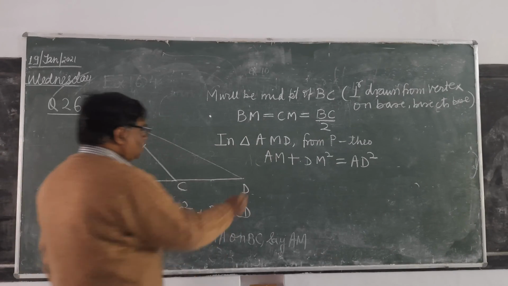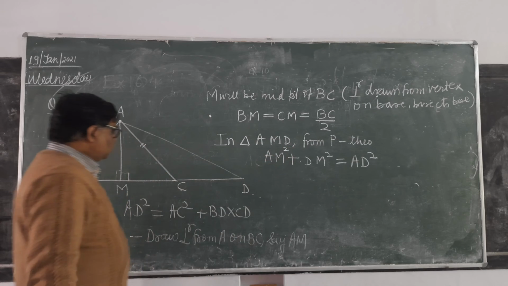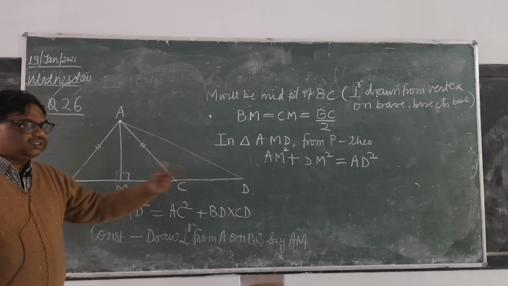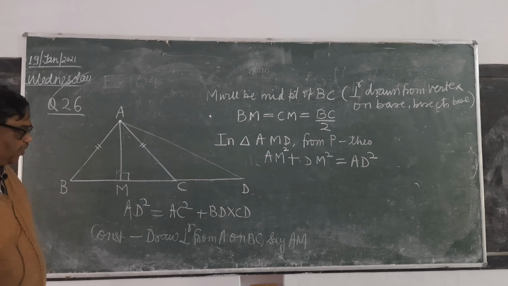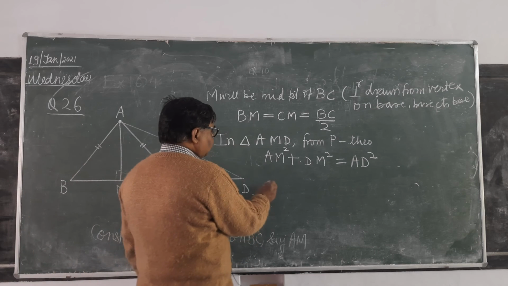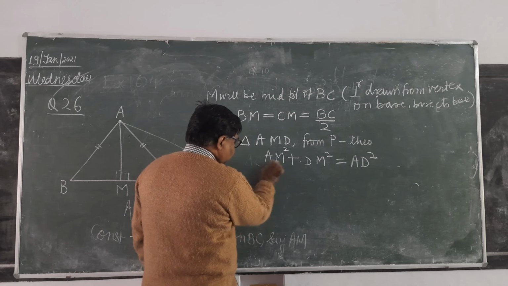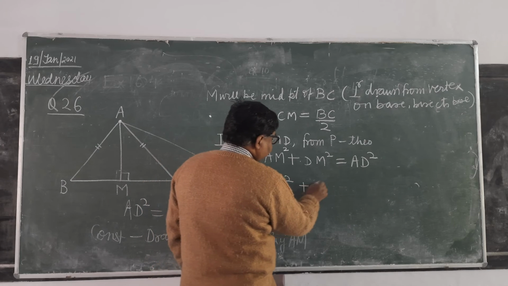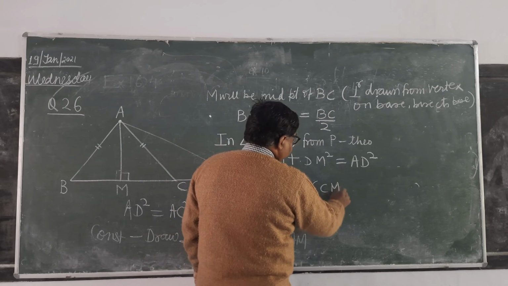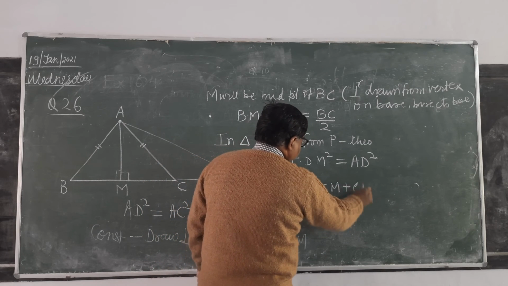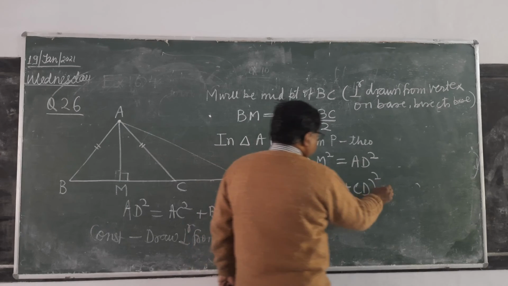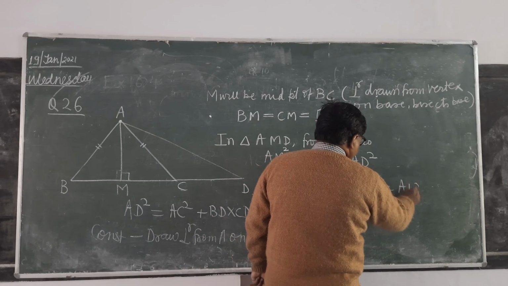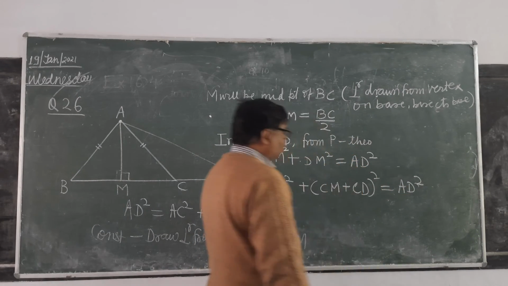Now DM you can split. DM you can write CM plus CD. So see here, it is AM square plus CM plus CD whole square equals to AD square.